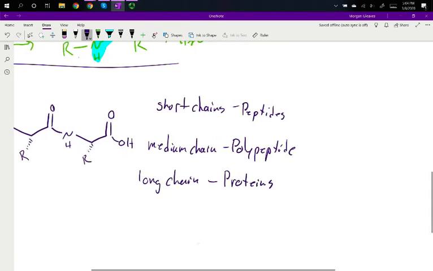How many? Well, a long chain is usually greater than 50 amino acids, and short chains, that's not quite a great description, but generally they tend to be less than 10 amino acids. Like I said, it's not a perfect listing.